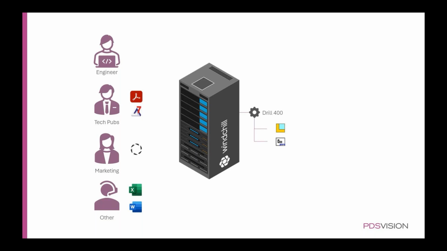There could be material specs, client information, whatever that may be. So all of that information can also be checked into Windchill. And then as you'd expect, we also reference that to the part within the system. So we have all of this information referencing our Drill 400, or our Drill 400 references all of this information that describes it, I should say.